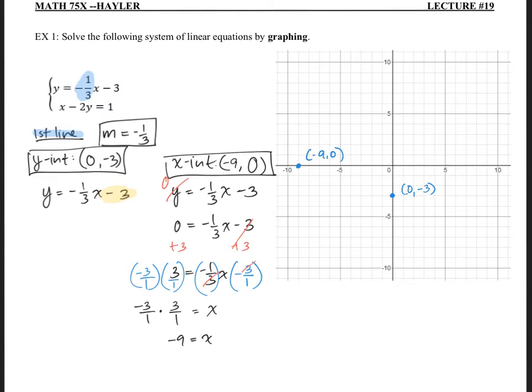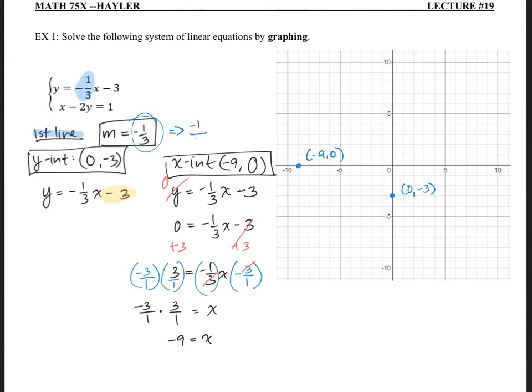Well, both of these points would be a good point to start with. I guess I'll just start with the x. Okay, so let's use the slope to find our next point. So the slope says, and we have to choose to assign the negative to either the 1 or the 3. I'm going to keep it with the 1. Either way will work, and you can play with that and see that it will work.